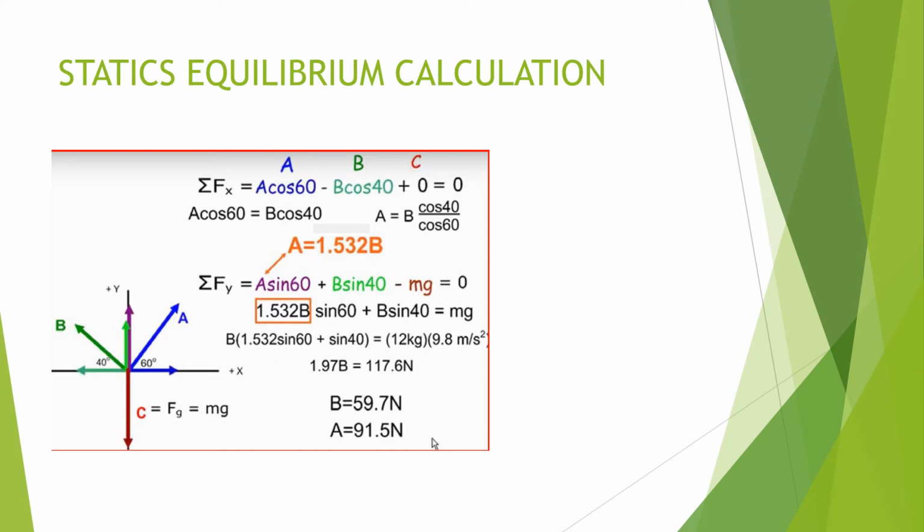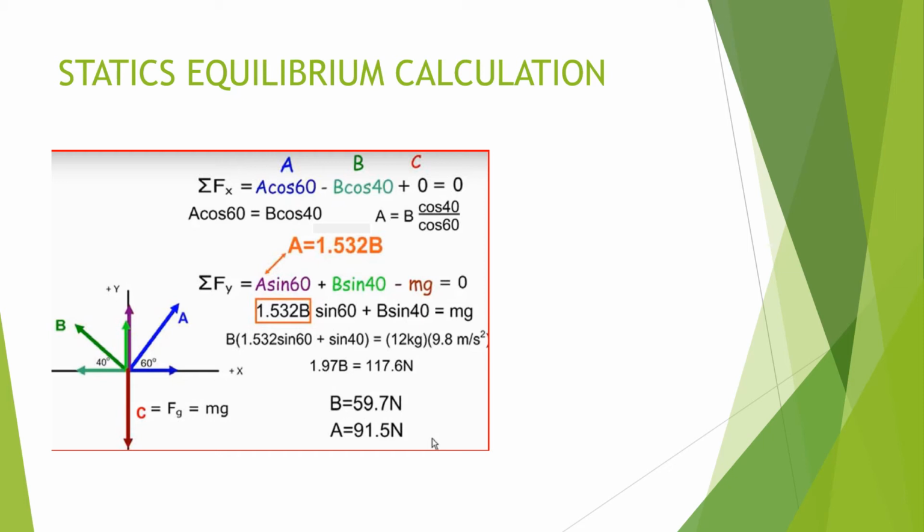In that way, we can calculate a relation between tension A and tension B, that tension A equals 1.532 times tension B. After which, we can substitute this conclusion into the equation of all the forces acting on the y-axis.